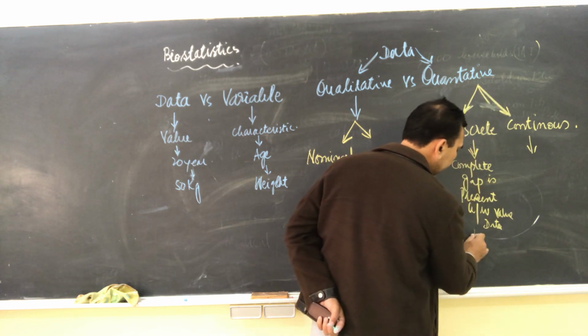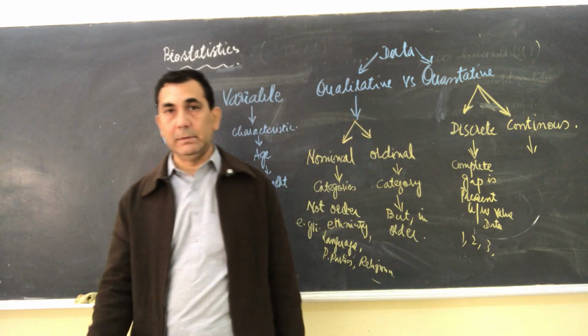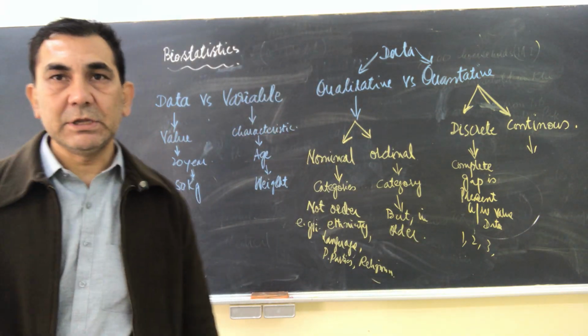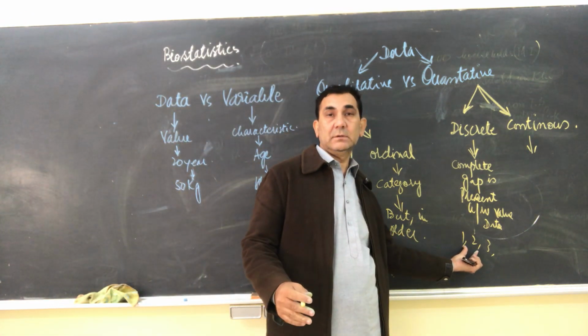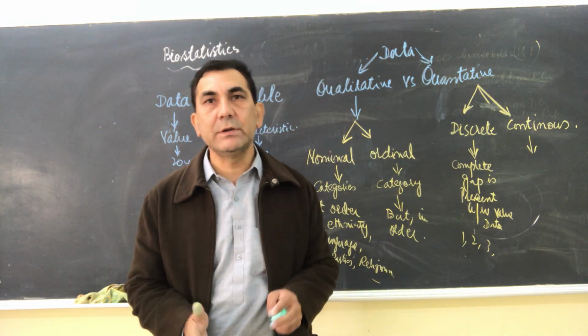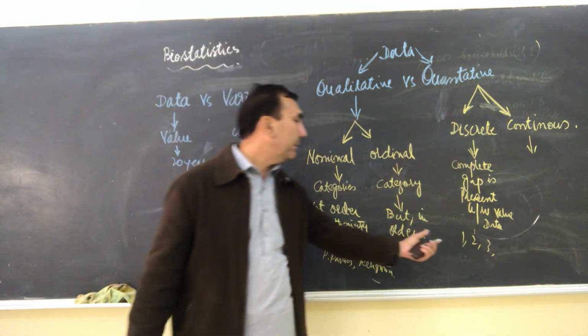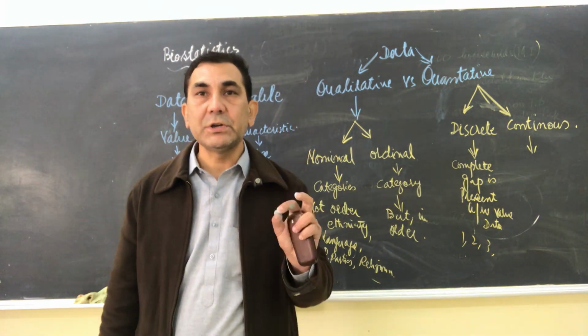Like 1, 2, 3. Number of children in a family: it may be 2, it may be 3, it may be 4. So a complete gap is present between the values. That is called a discrete quantitative variable.